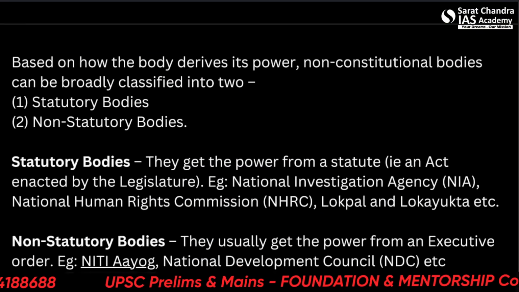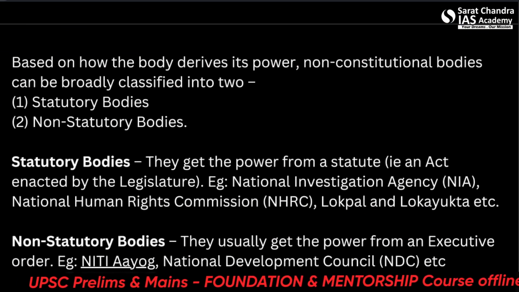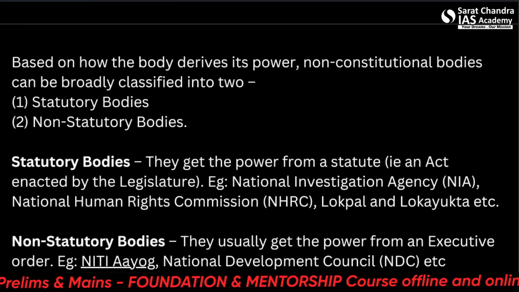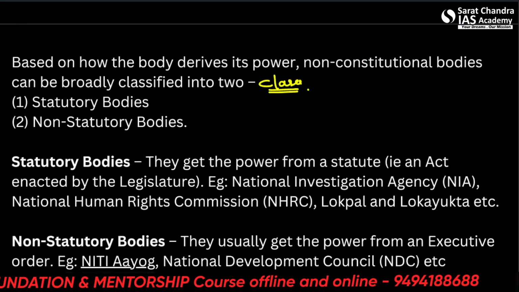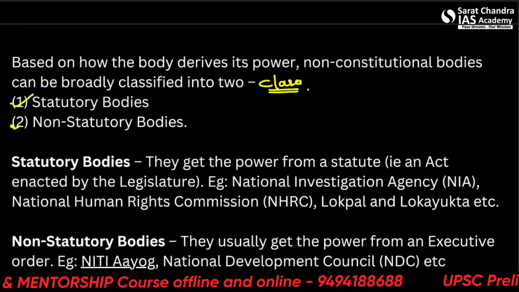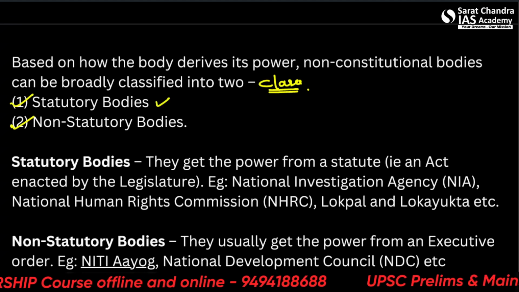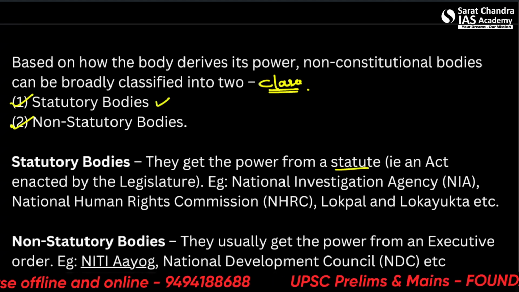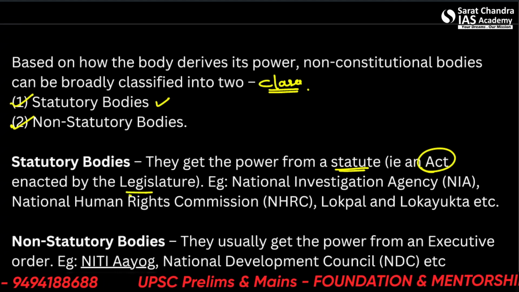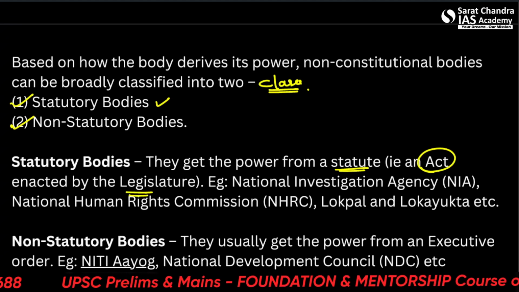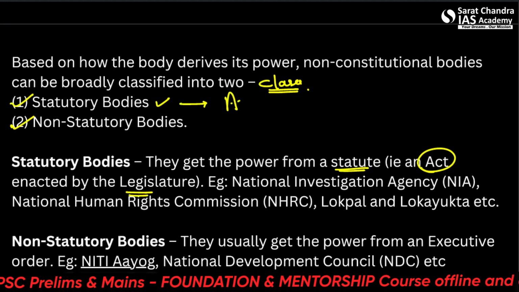Based on how the body derives its powers, non-constitutional bodies can be broadly classified into two classes: statutory bodies and non-statutory bodies. The statutory bodies get their power from a statute, i.e. an act enacted by the legislature. So basically statutory bodies, or you can say act-based bodies.